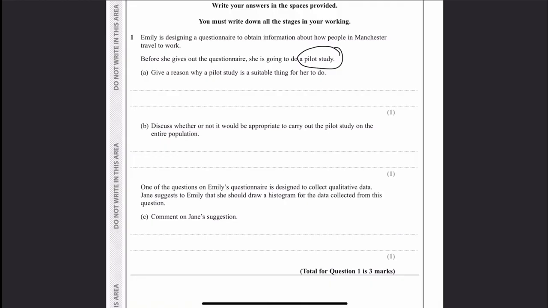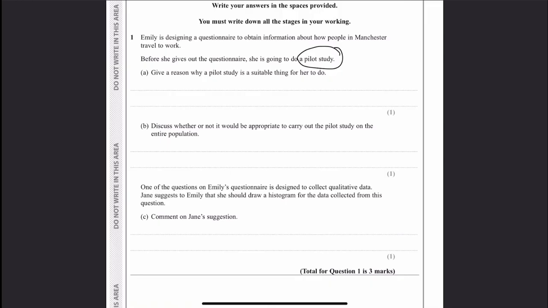It just basically checks how useful your actual study is going to be when you give it out to the entire population. So give a reason why a pilot study is a suitable thing for her to do. You can go with any of those reasons.